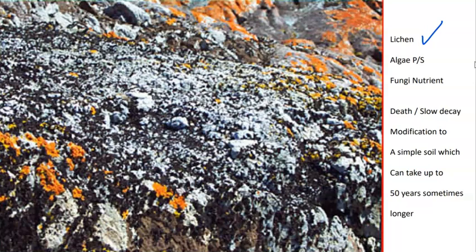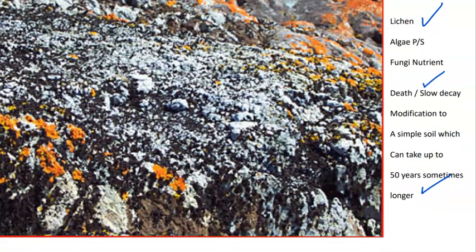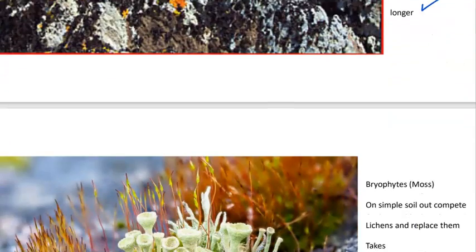But as those lichens develop, they also die and decay, and they start to form the simplest of soils. Such simple soils, with very low fertility and nutrient levels, can take 50 or more years to develop. Each of these colors in the image is a different type of lichen.